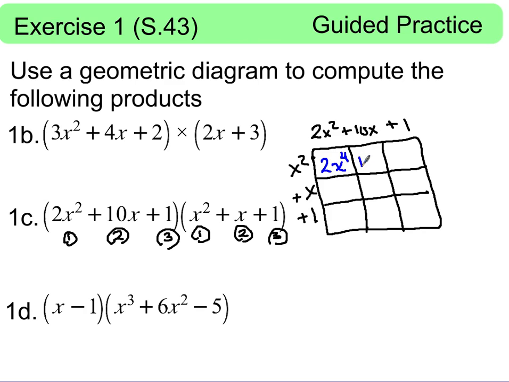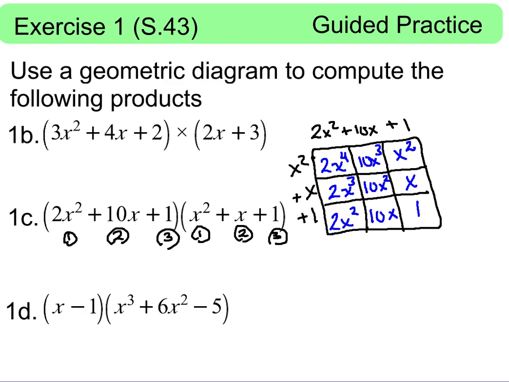You'll have 10x to the third, and then you'll have 1x squared. In the next row, you'll have 2x to the third. x times 10x is 10x squared, and then 1 times x is x. In the final row, 1 times 2x squared is 2x squared. 10x times 1 is 10x, and then 1 times 1 is 1.